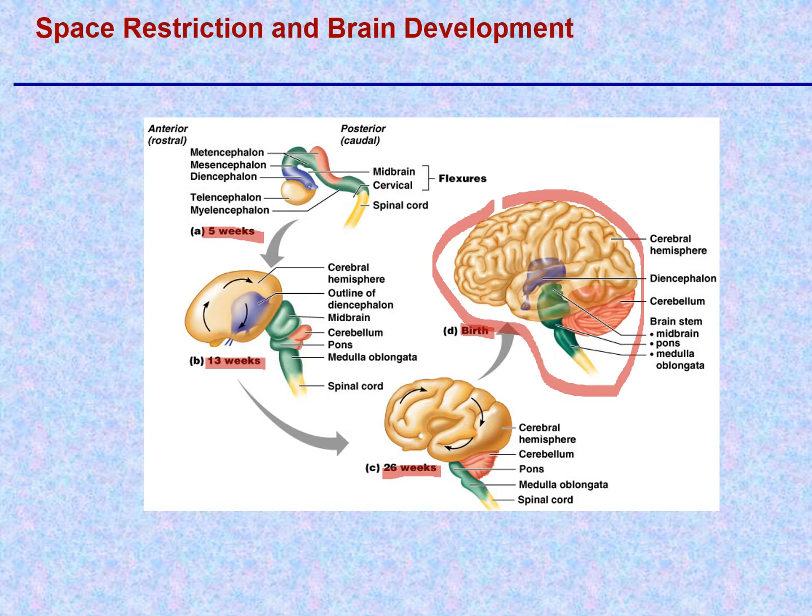And the nice thing in this diagram is that they also show the part of the brainstem that was hidden in the previous diagram, because in this diagram they've made the cerebrum translucent, so it's clear and you can see in.